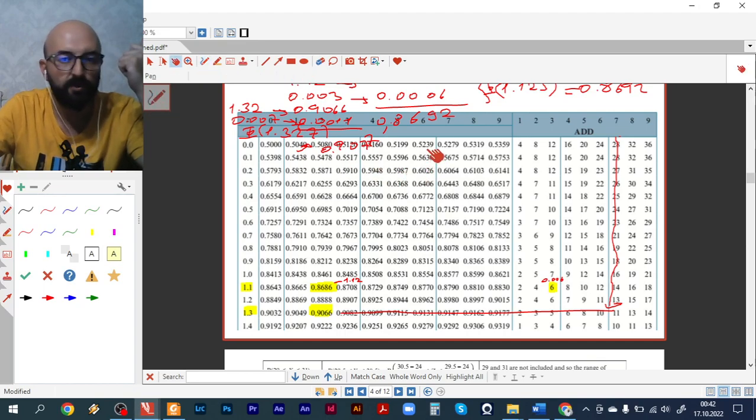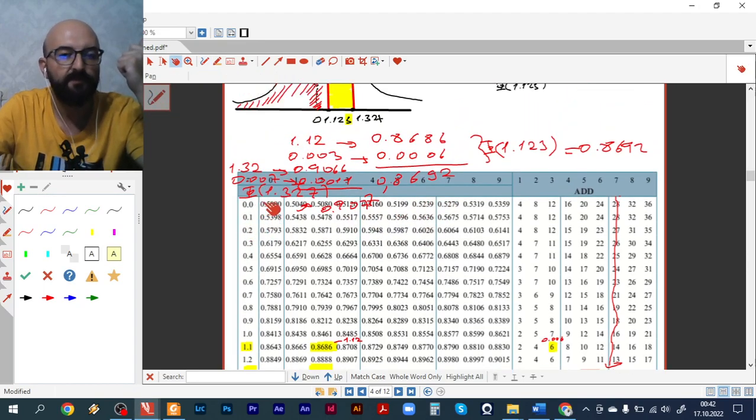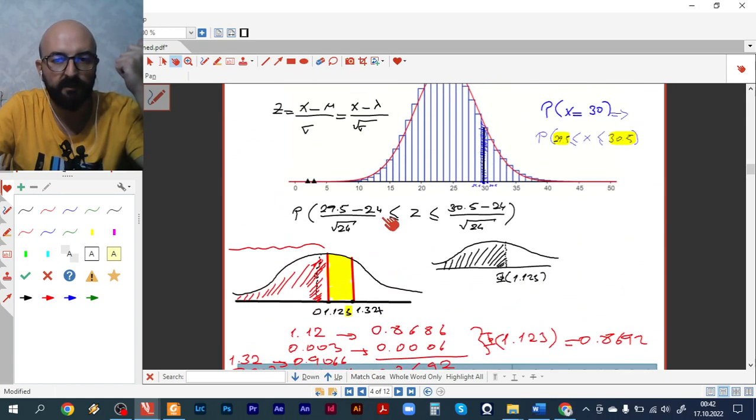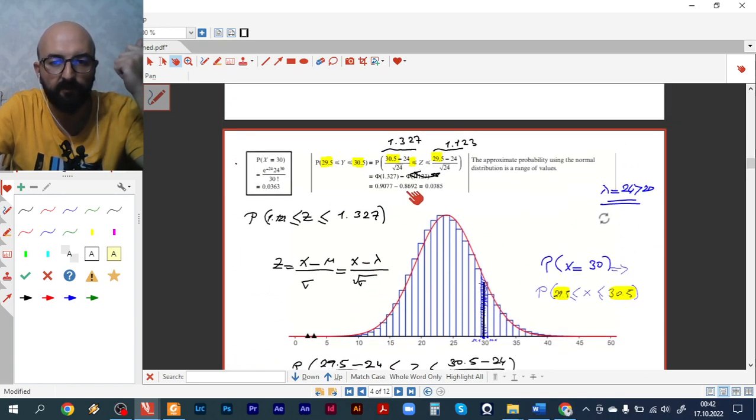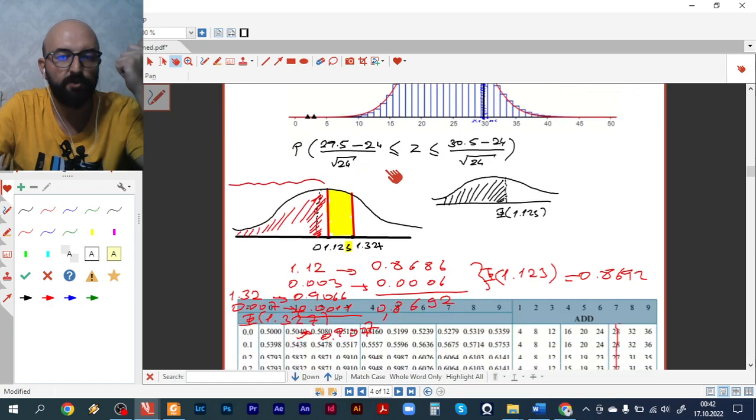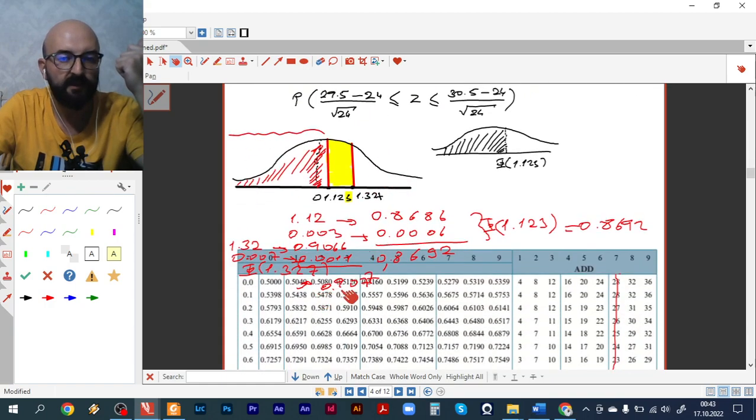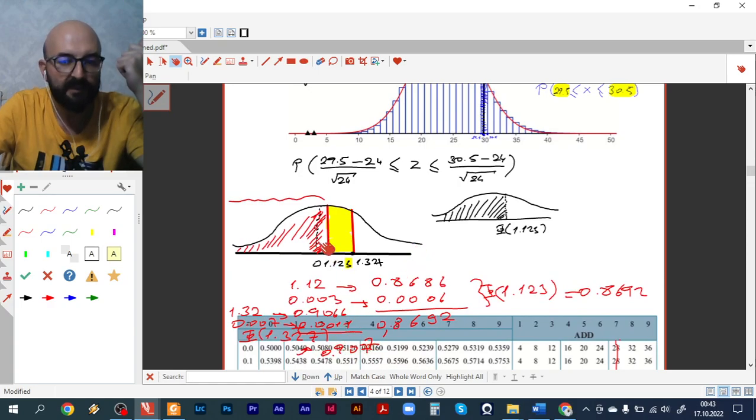If you look at the table, phi of 1.327 means 0.9077.